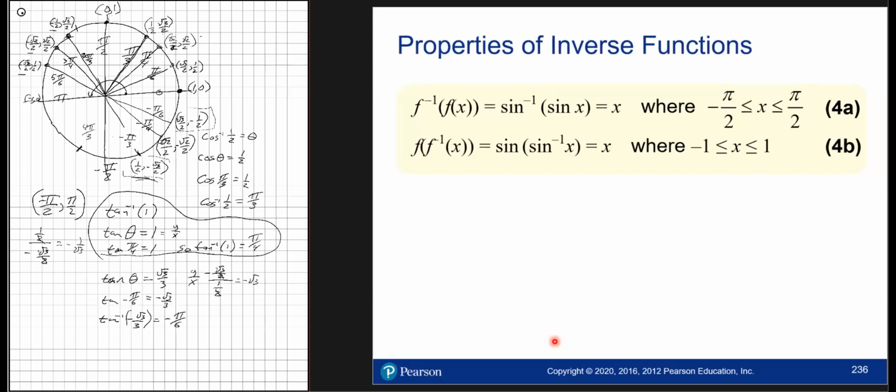So it undoes what was being done, provided that the number you're using for x is within that domain. So like on equation 4b, I wouldn't be able to use a number that is larger than 1. I can't put 2 in here and expect to get an answer because 2 is not in the domain of sine inverse.